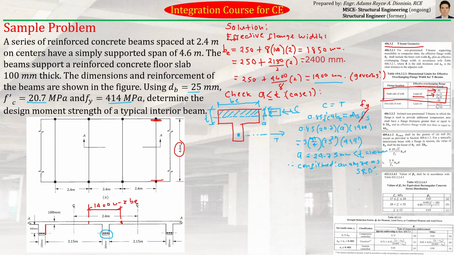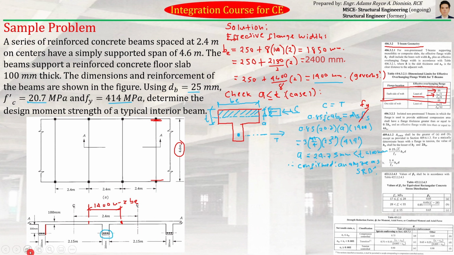Okay? So, before we proceed with the computation of the moment capacity, kasi yun naman yung hinahanap sa problem, before we proceed with that, we can conduct checking muna or verification. Like, check muna natin yung rho min niya.